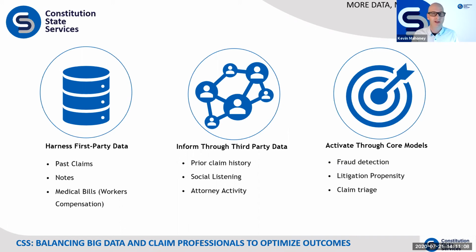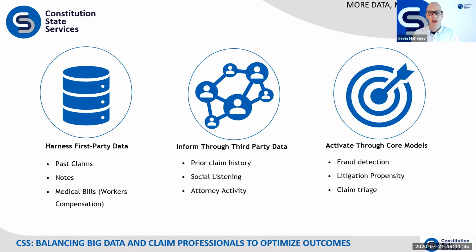Litigation propensity is another hot area, where you're trying to understand which claimants are most likely to hire attorneys. We know attorneys are likely to drive up the medical costs on a claim. We've seen that over time. We want to make sure that we pay what we owe on a claim, but not more than we owe, not less than we owe.